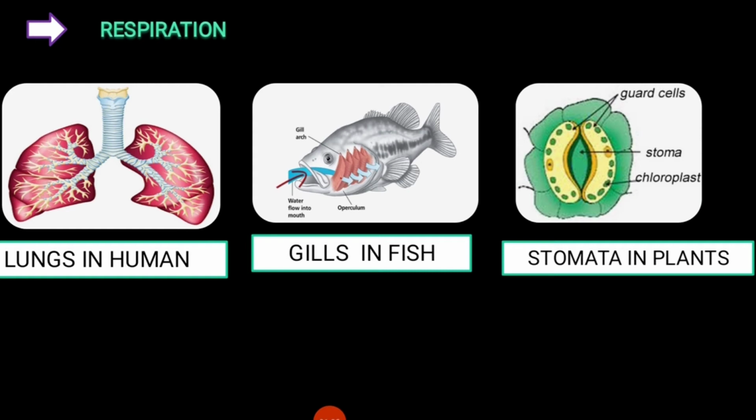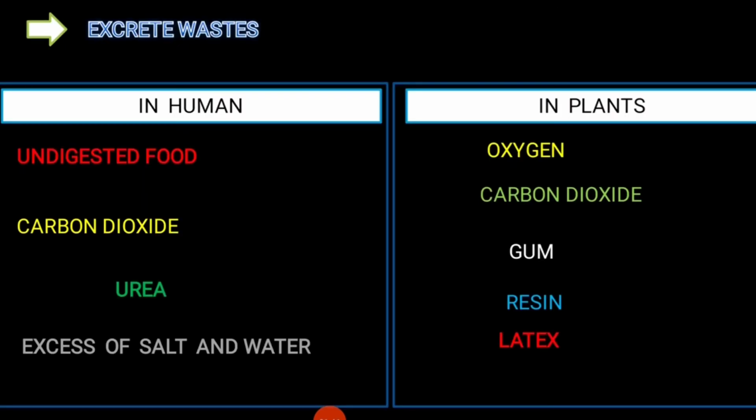Now, the next is living things excrete waste. Excretion is the removal of waste and other harmful substances formed in the body. In animals, waste products are undigested food, carbon dioxide, urea, excess of salt and water.